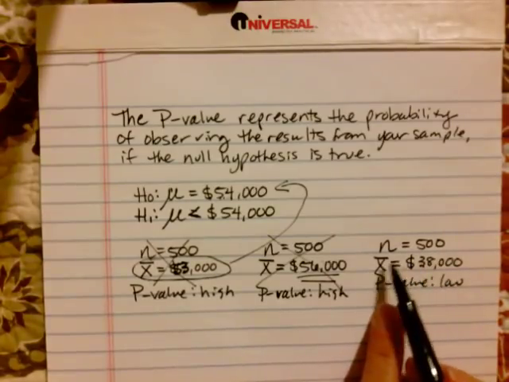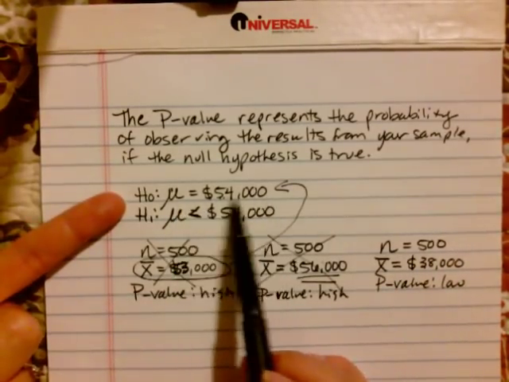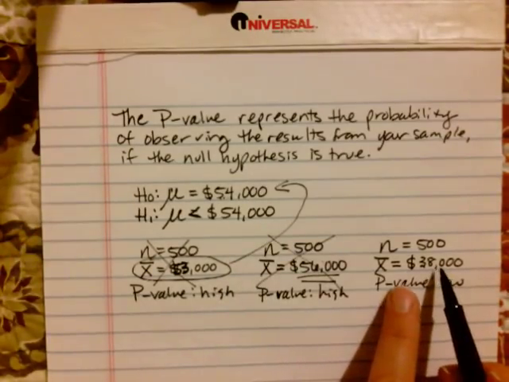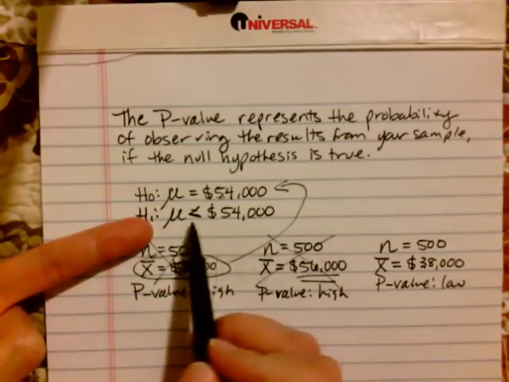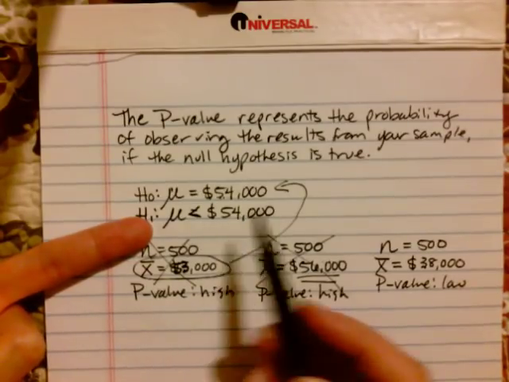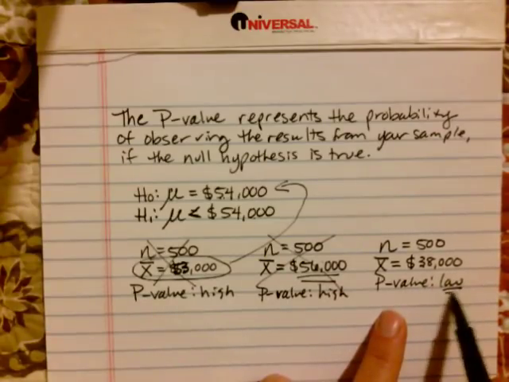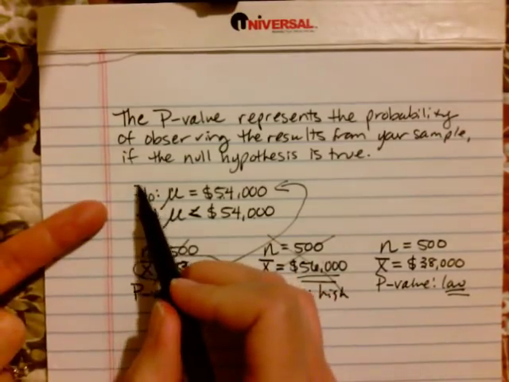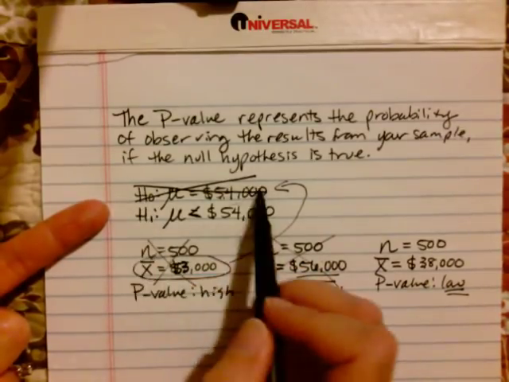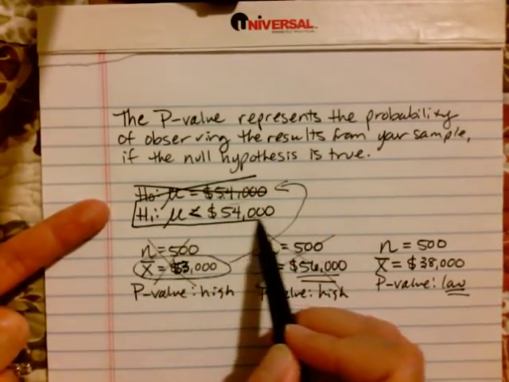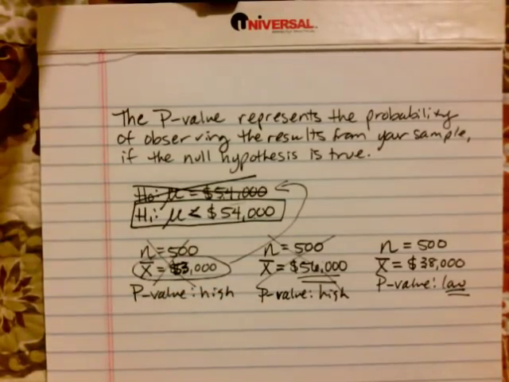Okay, this would be very unlikely to happen by chance if the mean were still 54,000. At this point, it is much more likely that our mean has actually dropped below 54,000. So when we run our test and we get our p-value, low probabilities tell us to reject the null hypothesis because that doesn't seem very likely anymore, and instead conclude in favor of the alternate.